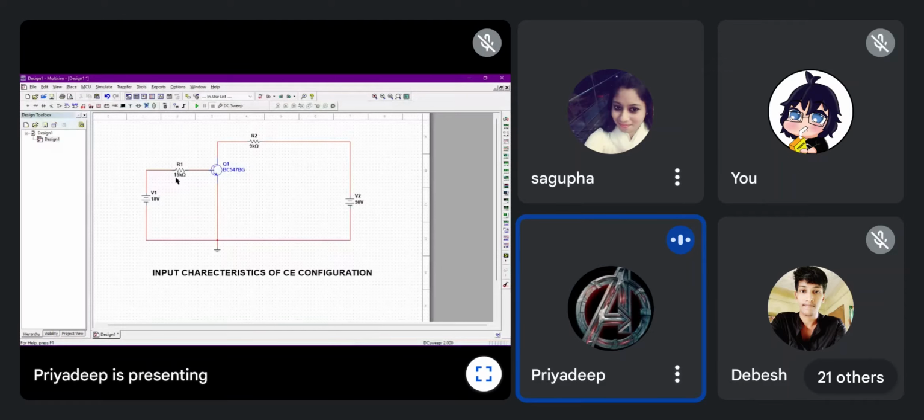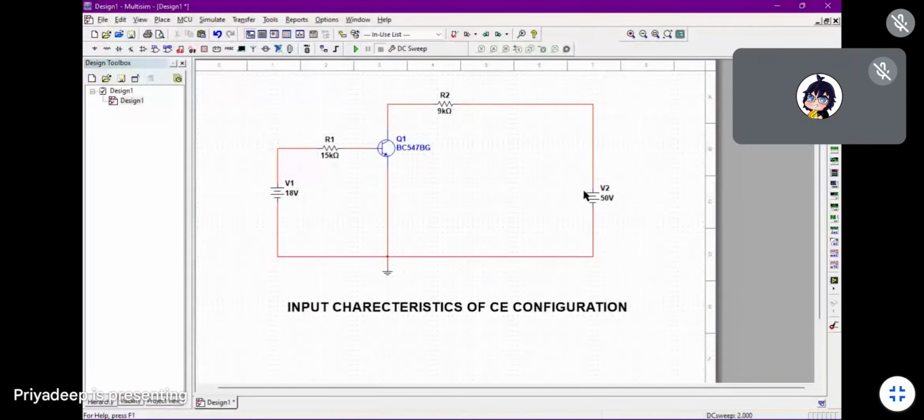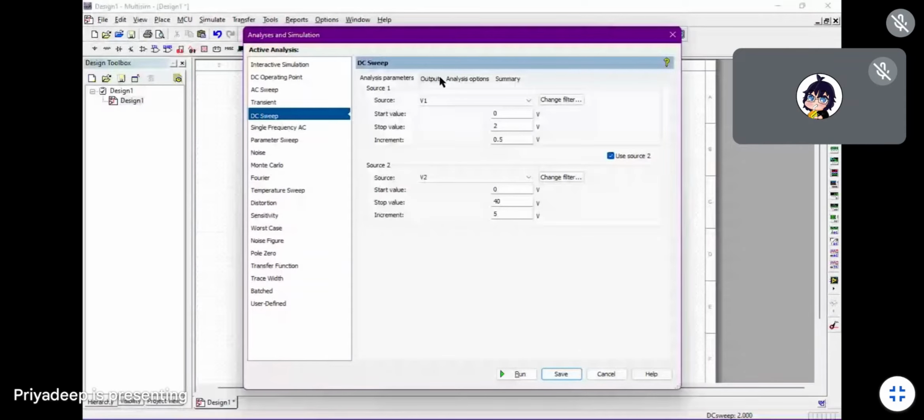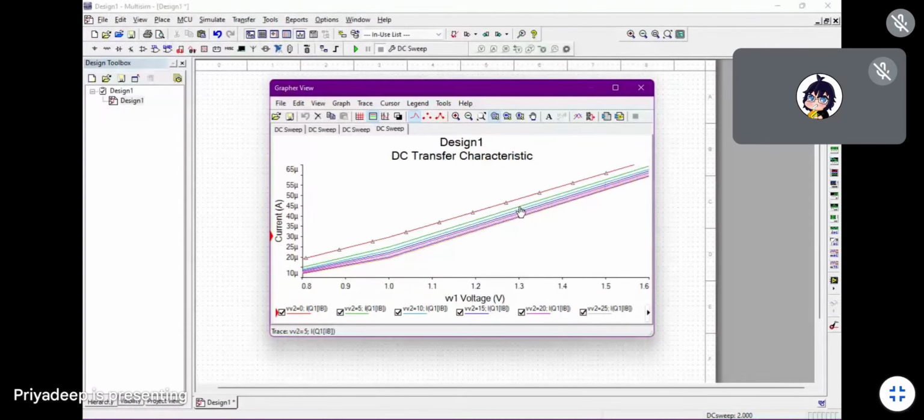I have taken input voltage as 18 volt and resistance as 15 kilo ohm. Output voltage is 50 volt and the resistance across the collector is 9 kilo ohm. So when I plot the graph, it's coming like this. How many plots do you have?